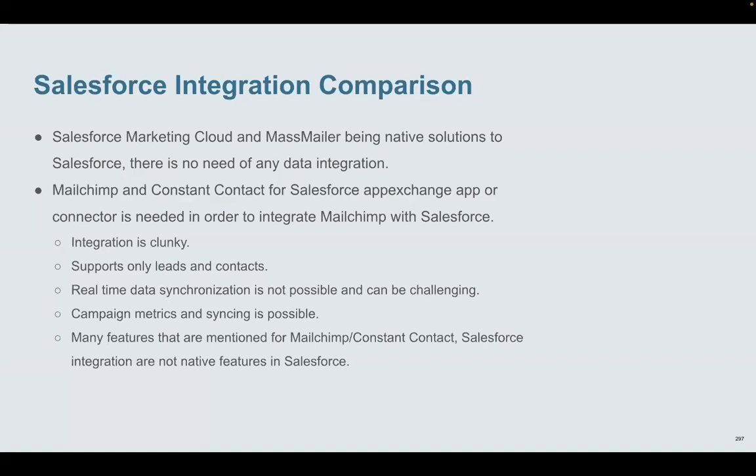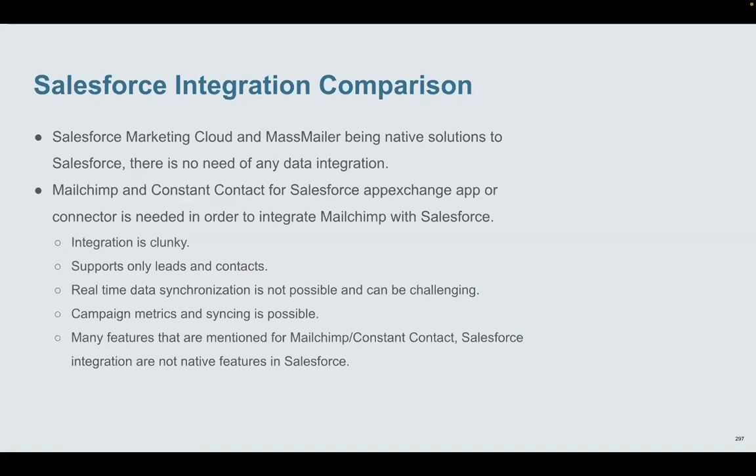Versus MailChimp and Constant Contact are non-native, meaning they are their own platform, a third-party platform. So you need a connector or some sort of integration between these two systems so that they can talk to Salesforce, right? And again, some high-level feedback on what I heard from other clients. When it comes to MailChimp and Constant Contact, the integration is always clunky.